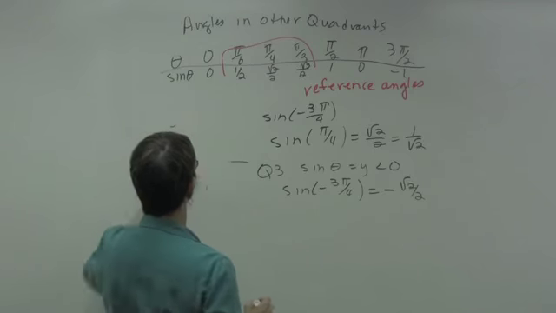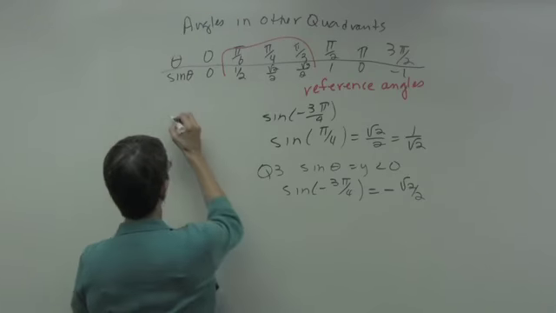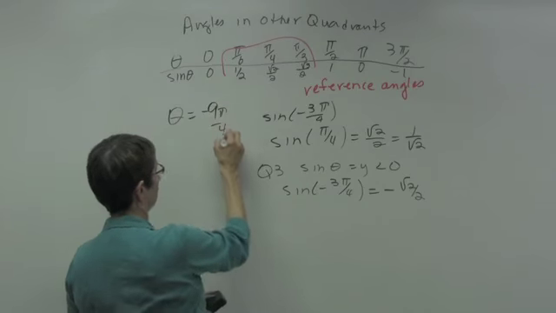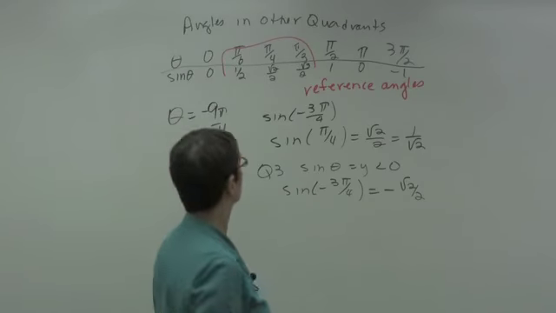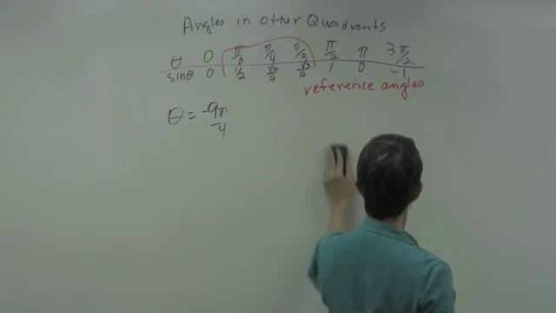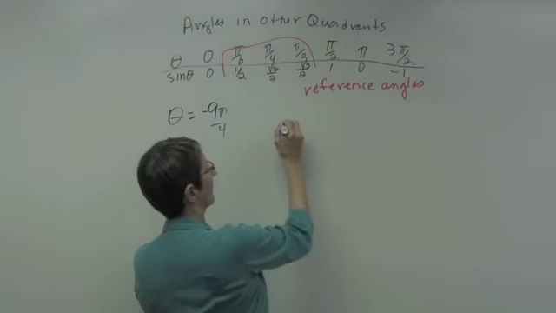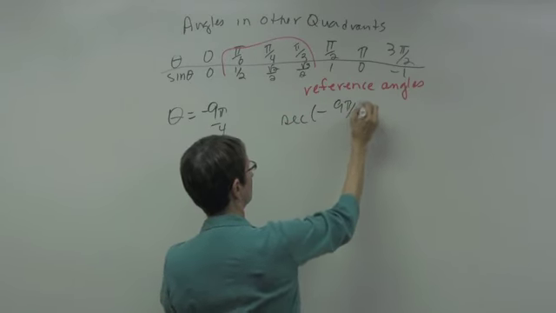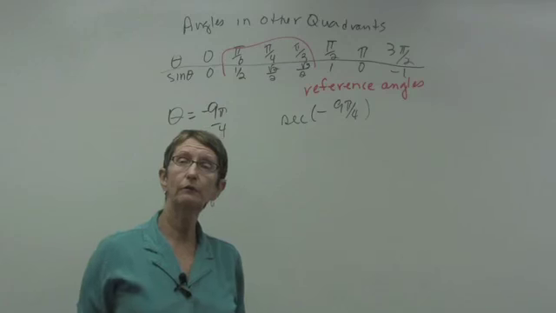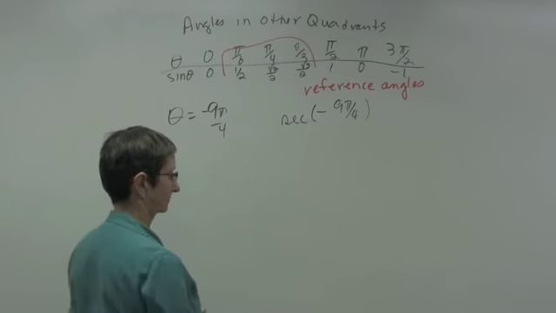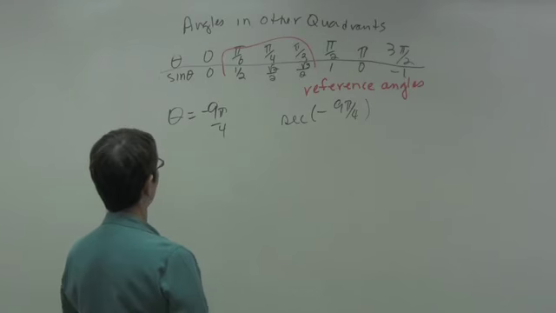Let's do one more of these. Suppose my angle theta is negative 9 pi over 4. And this time, let's find the secant of that. Since it's a pi over 4, it's got to be related to pi over 4. 9 pi over 4.